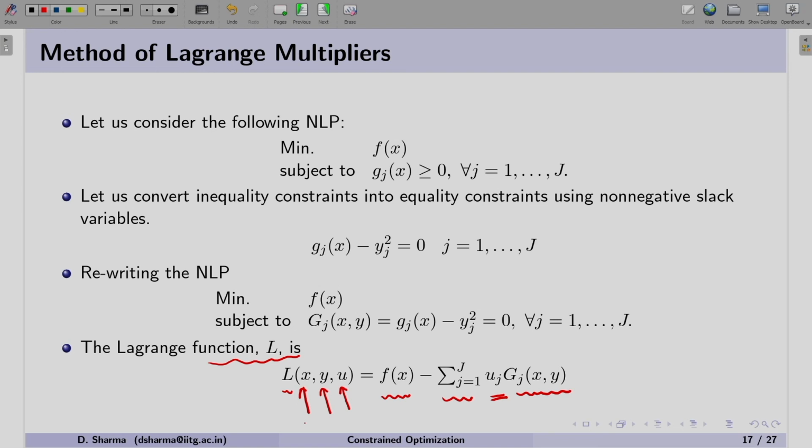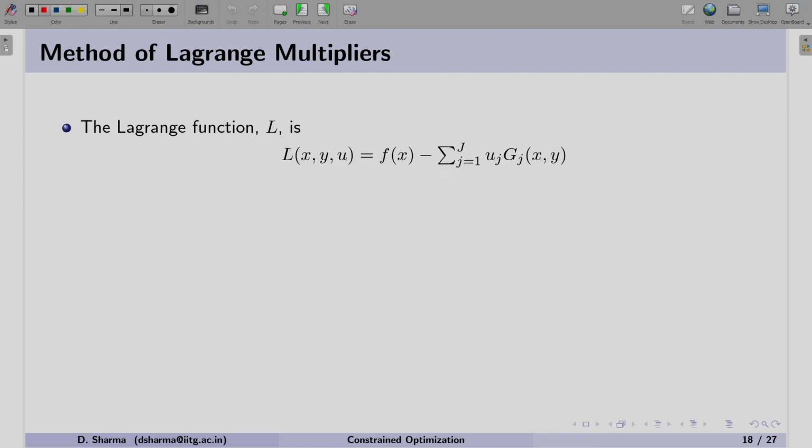So, we are going to have x, y and u. For this given Lagrangian function, we can find the optimality conditions. We are going to find the gradient of the function first with respect to x, thereafter with respect to y, thereafter with respect to u, and then we will get a set of optimality conditions.